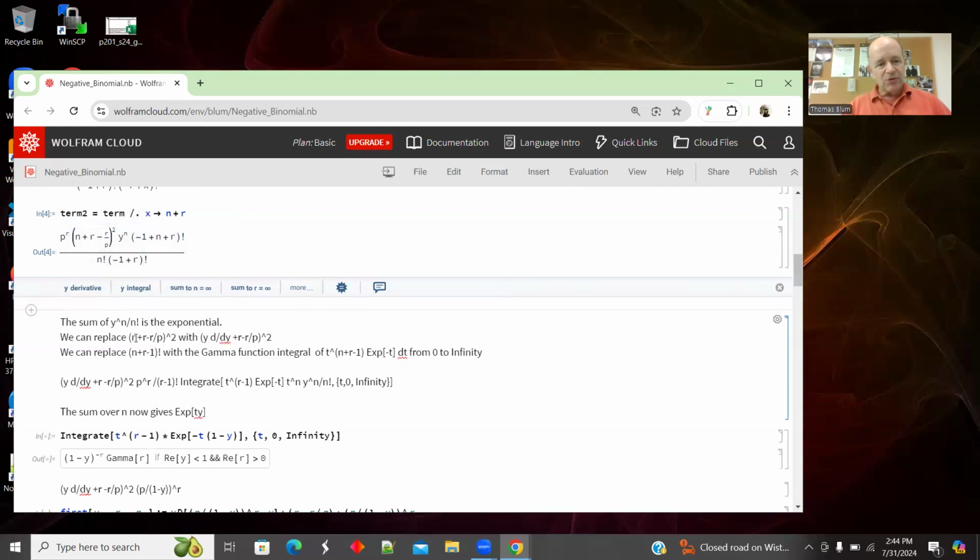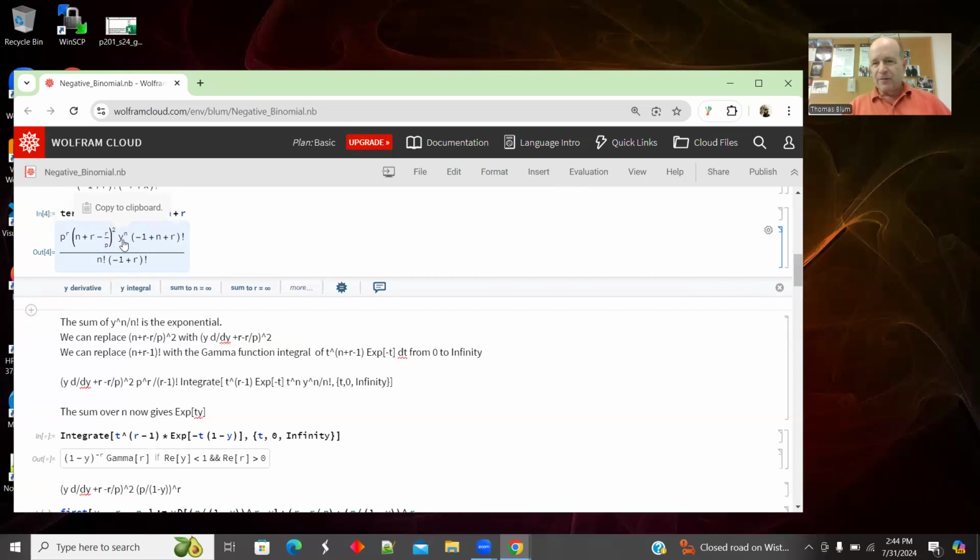One thing I'm going to do is this n here in the square term to get the variance. I'm going to replace that n with y and the derivative with respect to y. Here's my y dependence, it's y to the n.